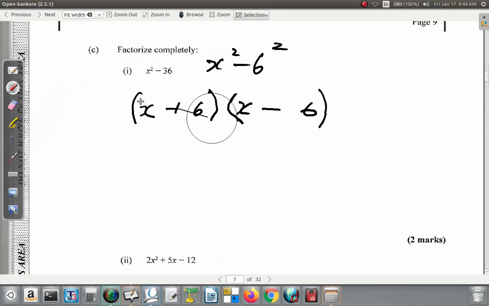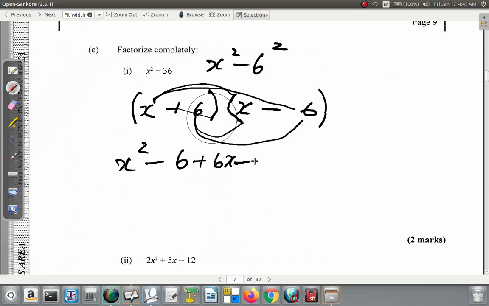You can test it out. If you multiply out the brackets, x by x gives you x squared, x by negative 6 gives you minus 6x, 6 by x gives you plus 6x, then 6 by negative 6 is minus 36.